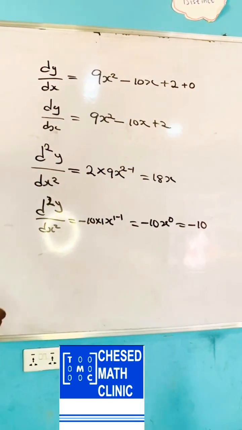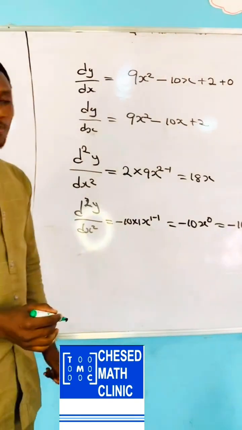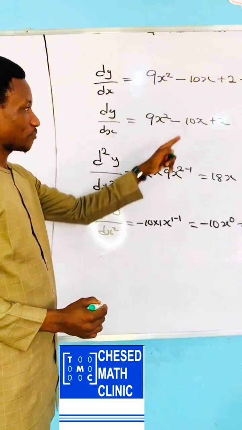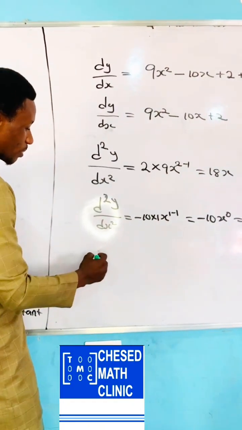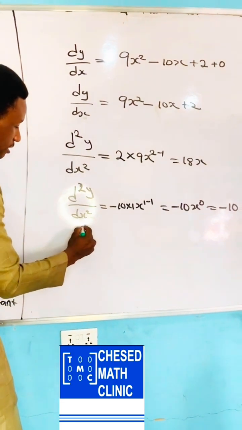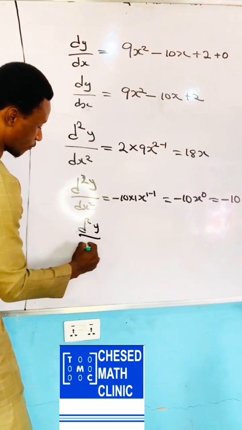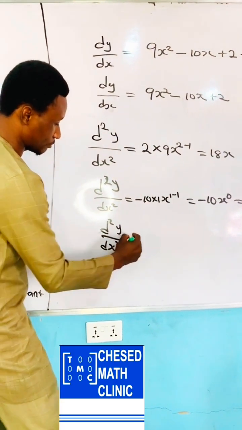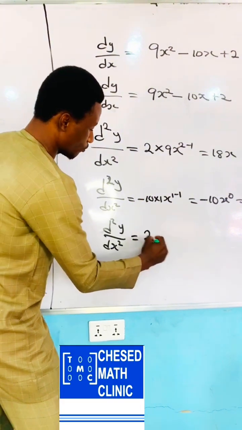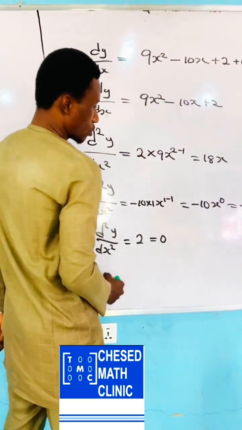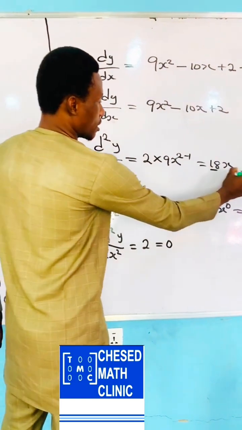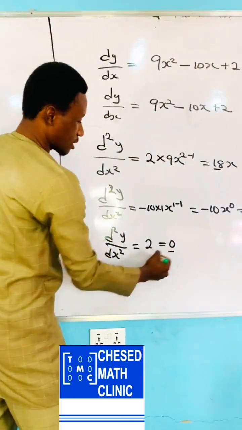And also, like I earlier mentioned in the first derivative, if we want to differentiate a constant, whether positive or negative, it is always equal to 0. So if I take the second derivative, d squared y over dx squared, for 2, it is always equal to 0. So now we bring the terms together.